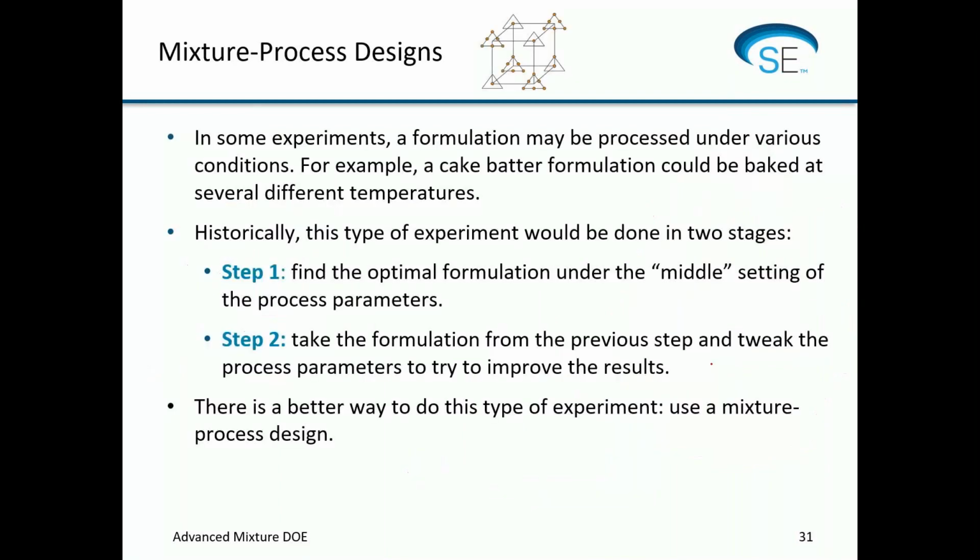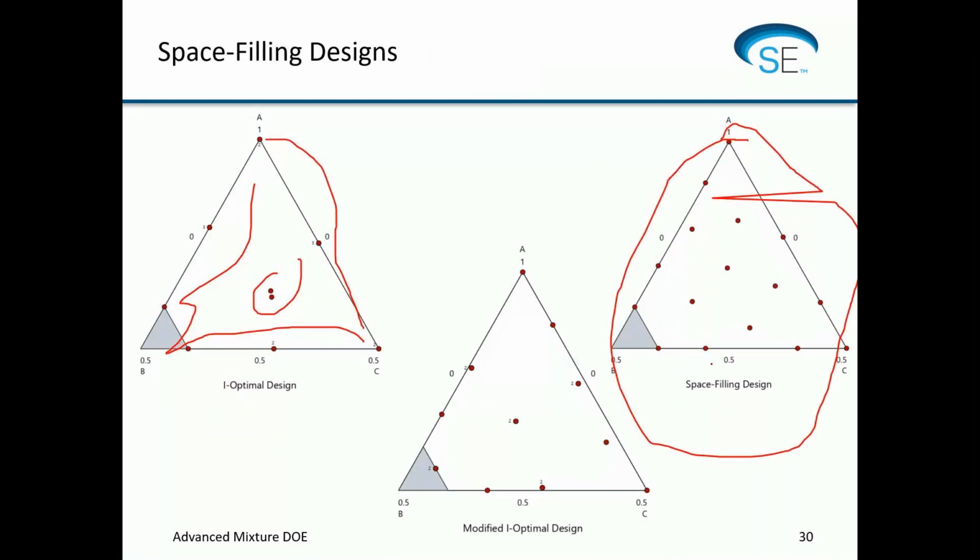So you can see what's going on. This is meant to be a little bit of an illustration. Really the moral of the story is that if you are fitting a quadratic model, you are going to get slightly better properties with this I-optimal design. But if you're looking to hedge your bets, and you want to test as many points in the design space as possible, a space filling design is going to be useful.